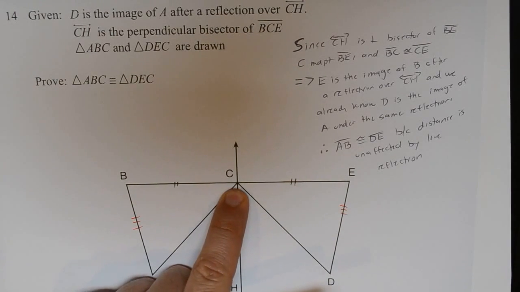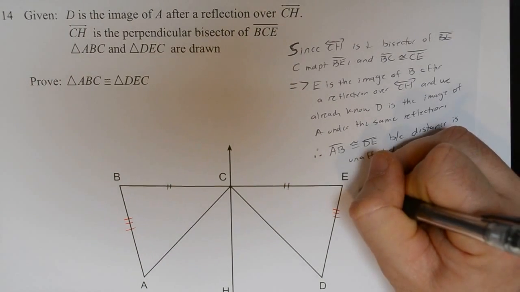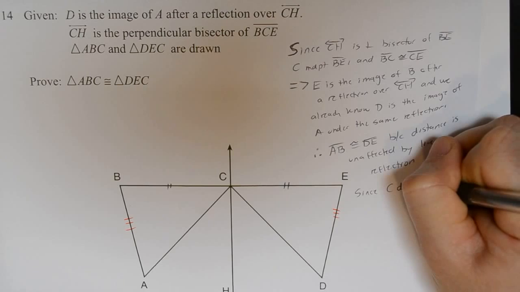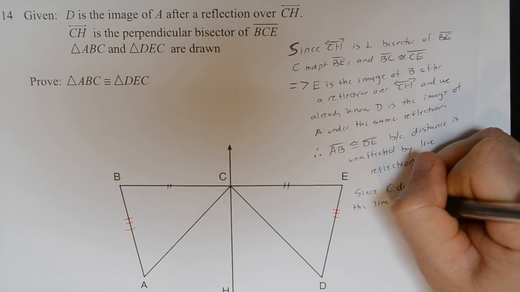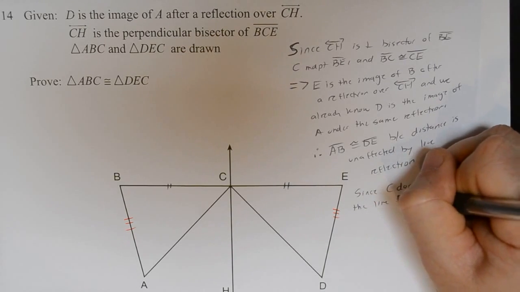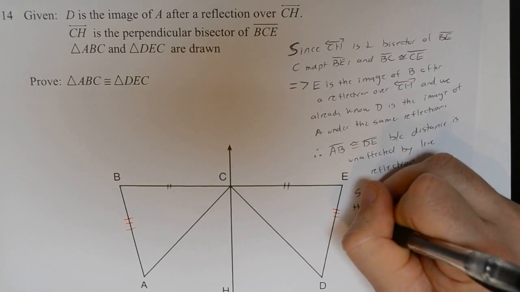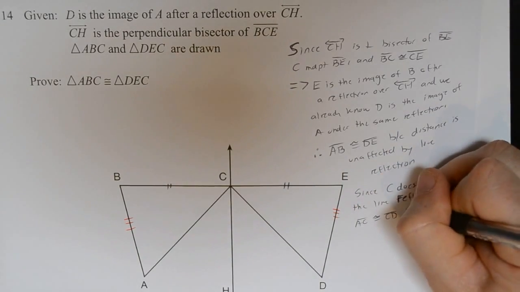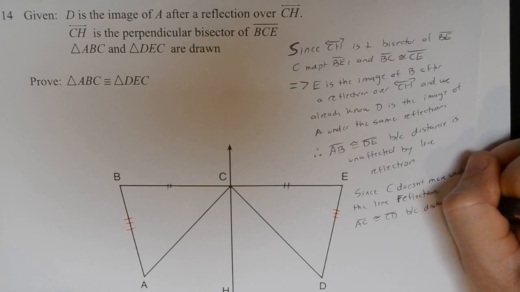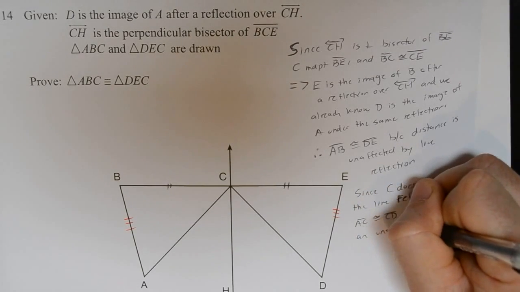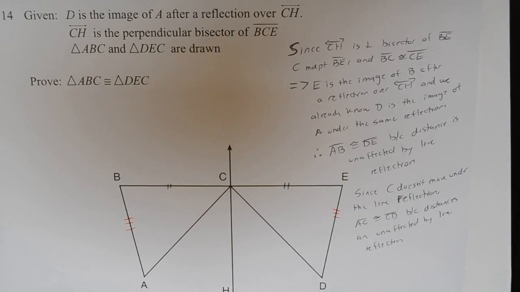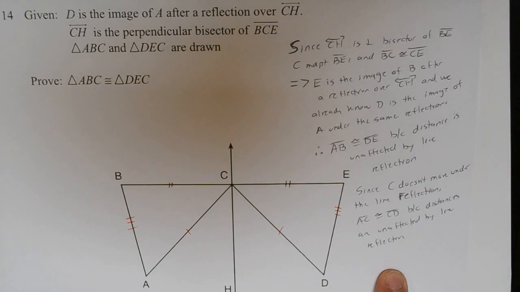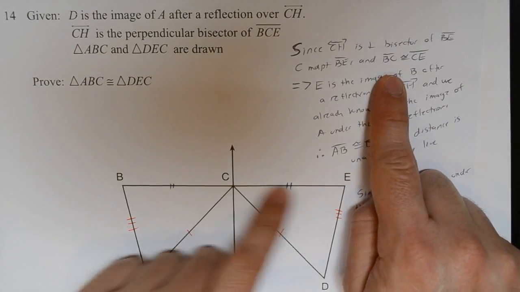So what I'm going to do is say C isn't going to move under the reflection. Since C doesn't move under the line reflection, that means that AC is also congruent to CD because distances are unaffected by a line reflection, which means I now have AC congruent to CD, I have AB congruent to DE, and I have, way up here, BC congruent to CE.